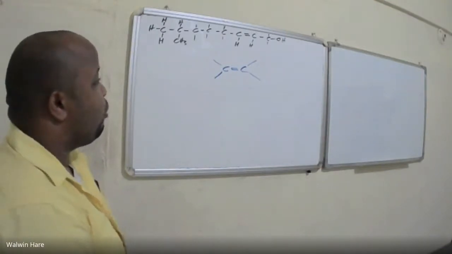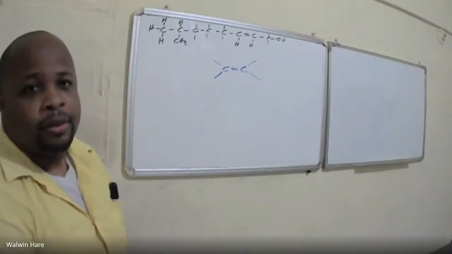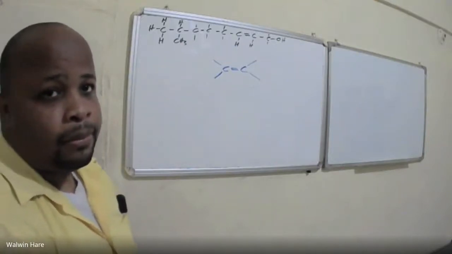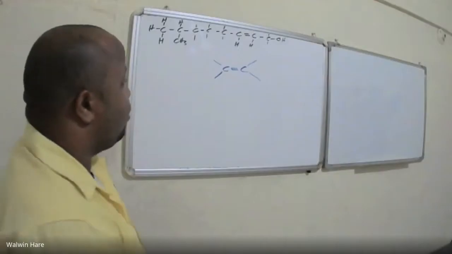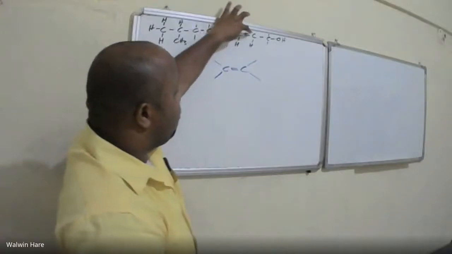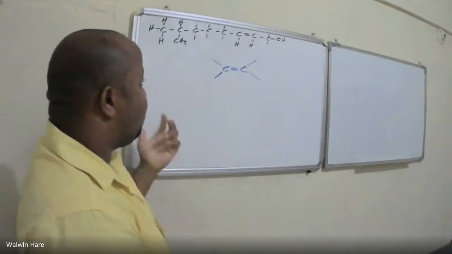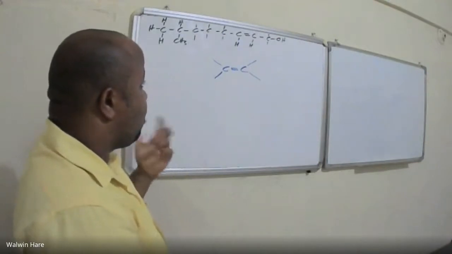What is one of the main criteria? So it has both a element must be in common with each carbon atom. Right, or a group. So each carbon atom of the double bond has an atom or a group in common.